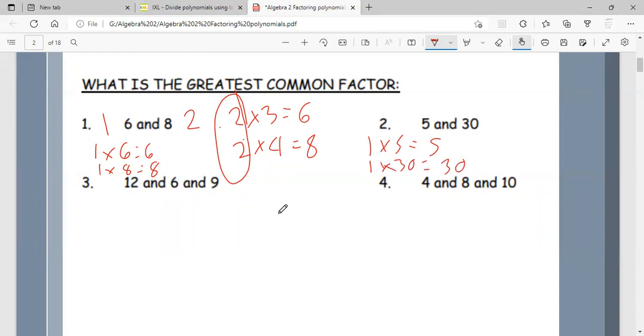But 5 times 1 gives you 5, and 5 times 6 gives you 30. So the greatest common factor of 5 and 30 is, well, 5.